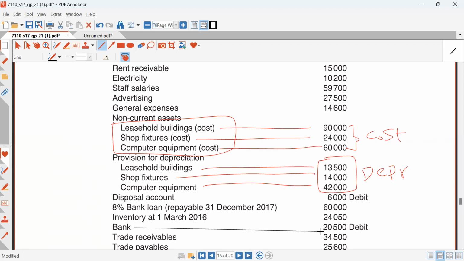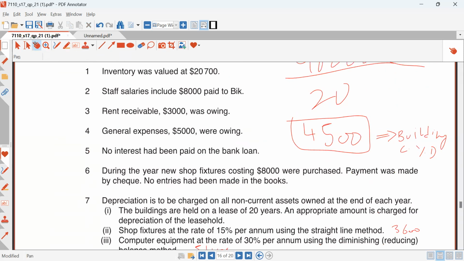20,500. This is not supposed to be 20,500 because we have to subtract 8,000. Why? Because 8,000 is the amount of shop fixtures purchased via cheque. We have purchased new shop fixtures of 8,000 via cheque. So the value of bank should decrease by 8,000.